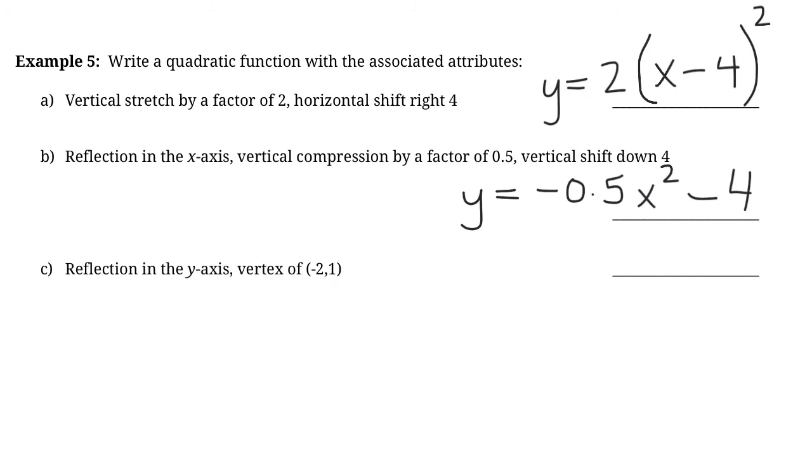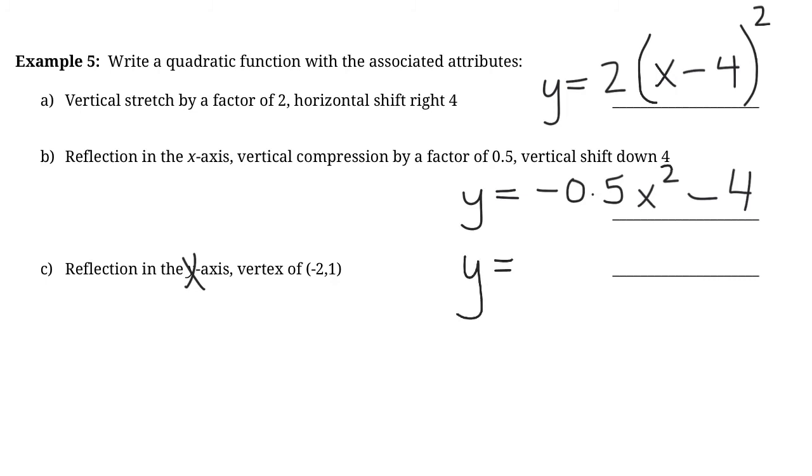And finally, question C, we have a parabola that has a reflection in the x-axis. This is actually a typo, so I'm just going to correct it really quickly. This should be a reflection in the x-axis, and it has a vertex located at negative 2 and 1. So we're going to go ahead and start with y equals.